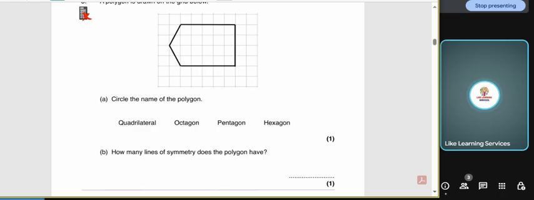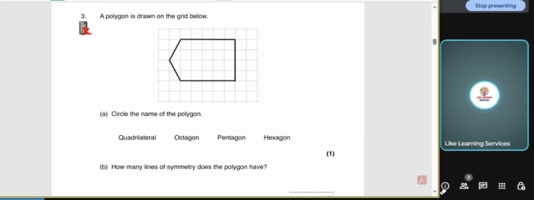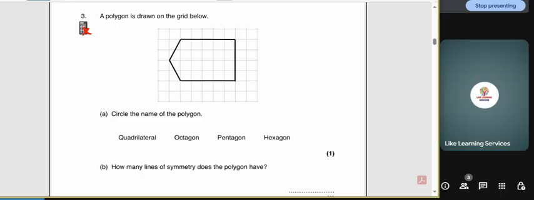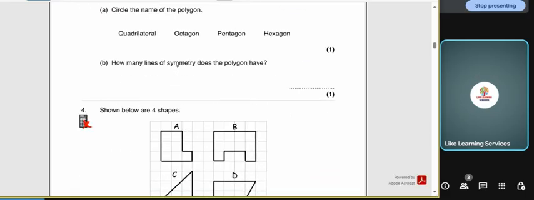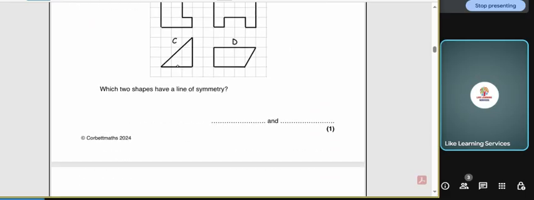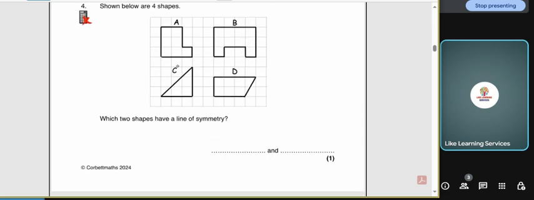Let me move further to some other things. Okay, first of all, how many lines of symmetry does this polygon have? One. It can only be this, so it's also one. Okay. Do they all have a line of symmetry?